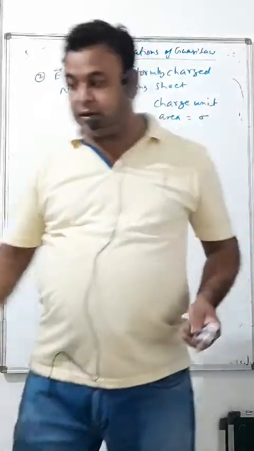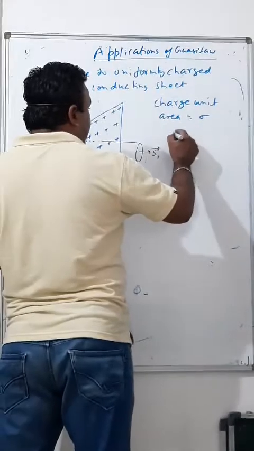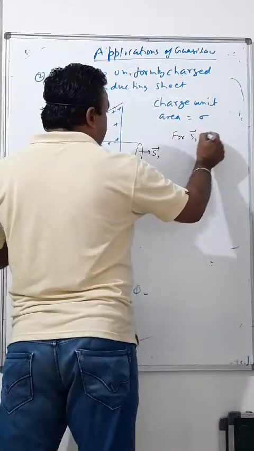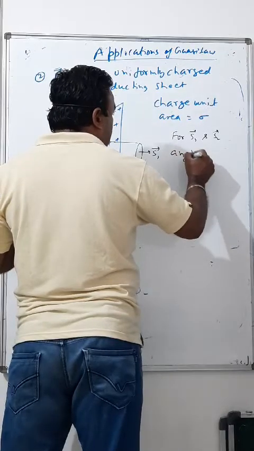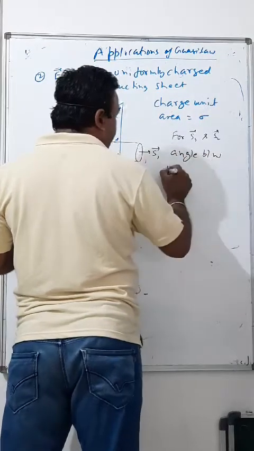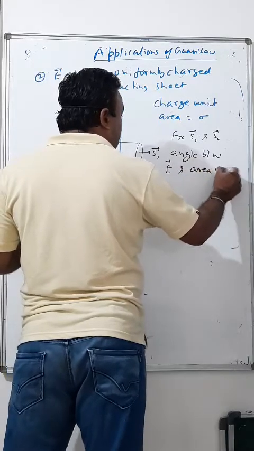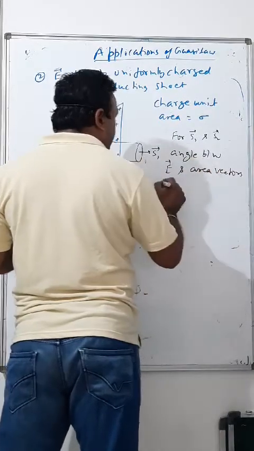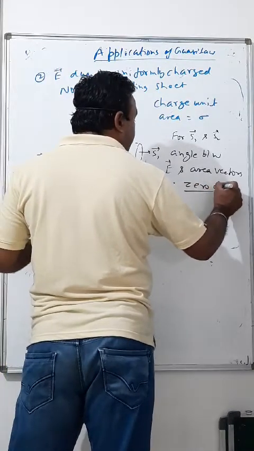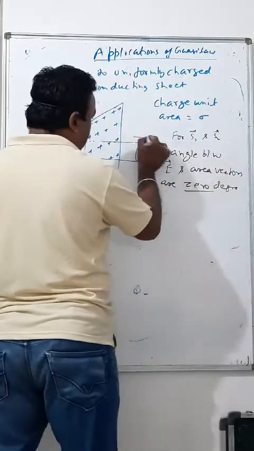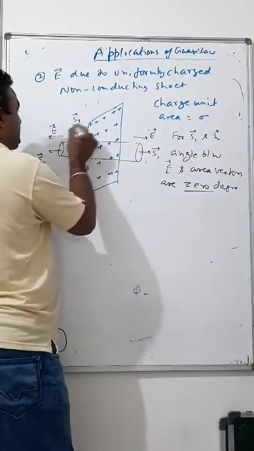So for this condition, for S1 and S2, the angle between E and area vectors is 0 degree, because here the electric field will be this, here it will be this.